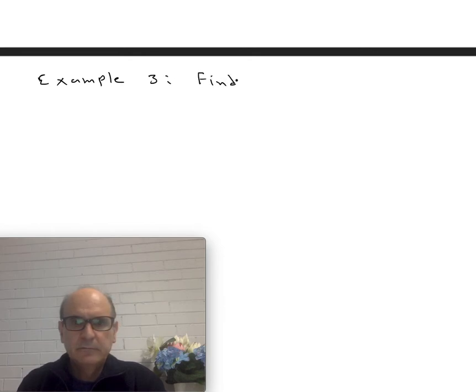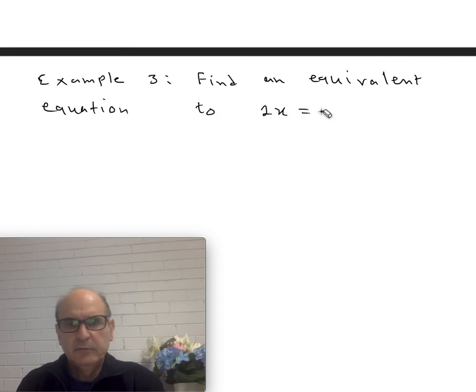Find an equivalent equation to 2x equal to 6 by dividing both sides by 2.